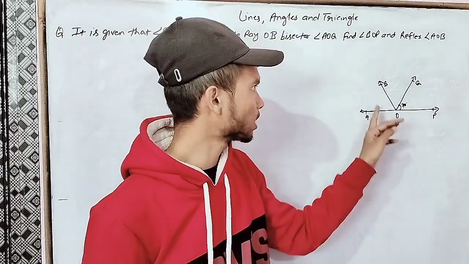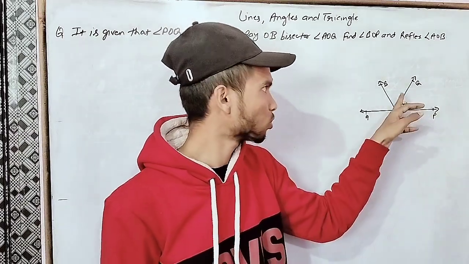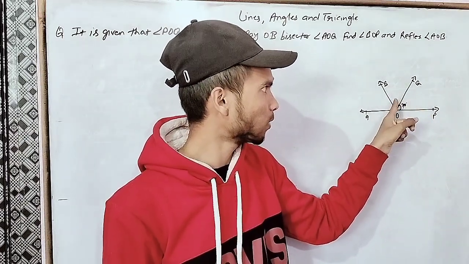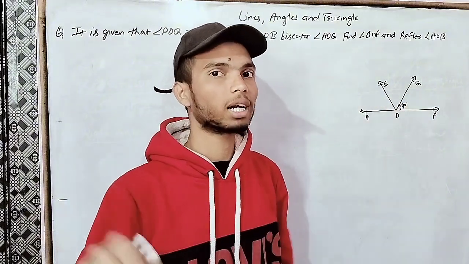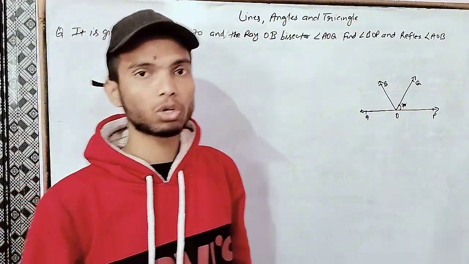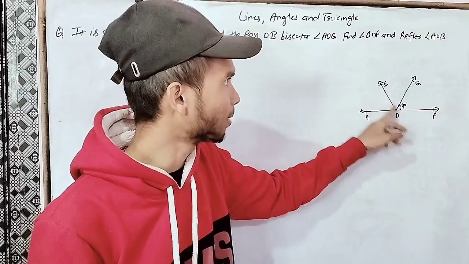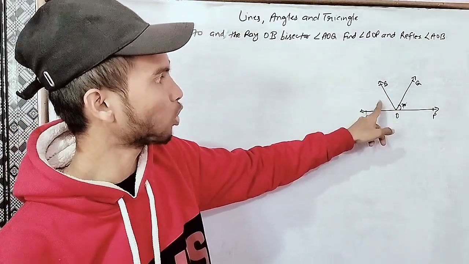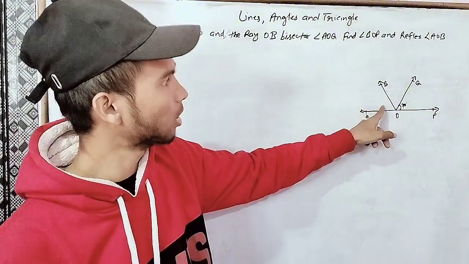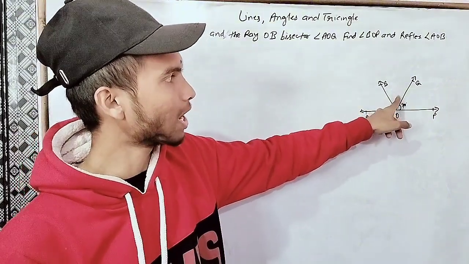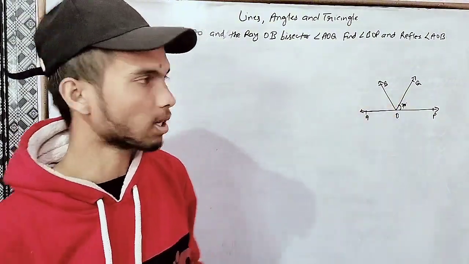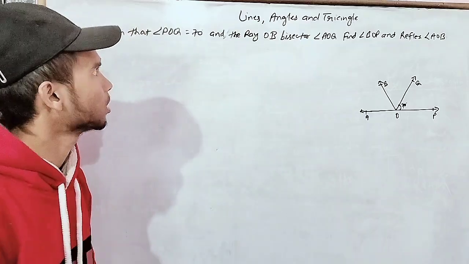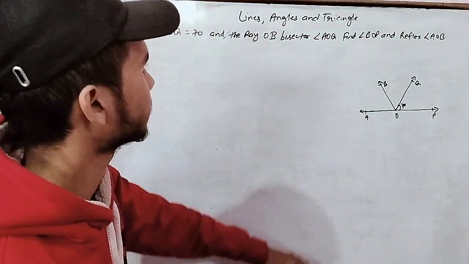For example, if the value of this angle is 35 degree, then this angle also will have 35 degree. This is the meaning of a bisect. So here OB is a bisect, and whatever value this angle has, this angle will be the same.